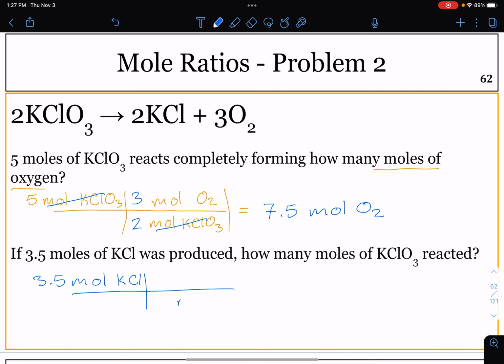Open up your unit conversion, put moles of KCl on bottom so that they can cancel, and moles of KClO3 on top, since that is what the problem is asking for. We have a coefficient of 2 for KCl and 2 for KClO3. So you can see that we have 3.5 moles of KClO3 was required in order to produce the 3.5 moles of KCl.